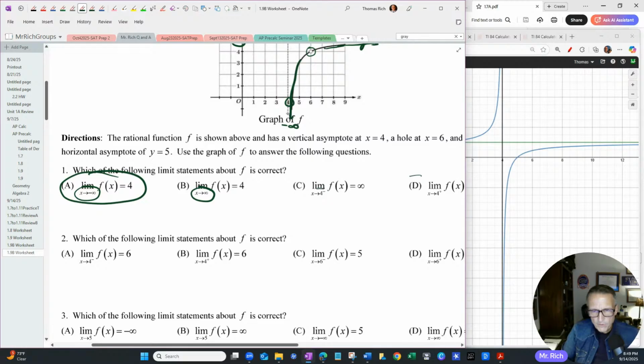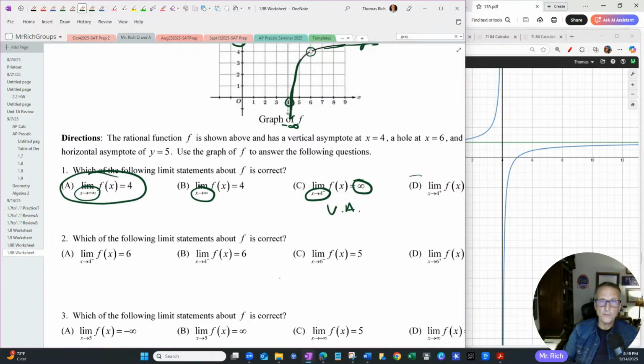But if you come to one side of an x value and it's going to infinity, that's going to be the location of a vertical asymptote. Now, you would agree, that is new from what you saw in Algebra 2. We were not using these limit notations, unless maybe your teacher was at AP Pre-Calc and they taught you that in Algebra 2. It's not likely. So anyways, that's new notation for you.